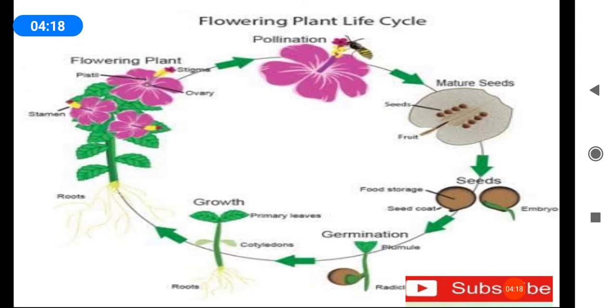After pollination, the pollen grains are transferred to the stigma of the flower. Then flowers transform into fruits. Then these fruits produce seeds. Then matured seeds germinate. Then germinated seeds grow into a new plant. By this way, the life cycle of flowering plants takes place.